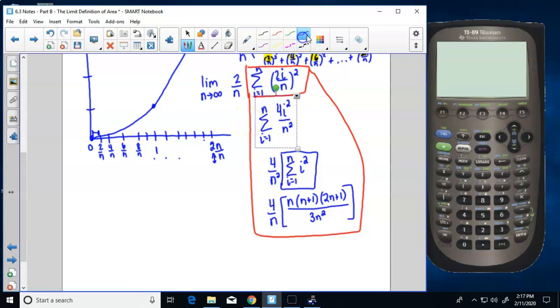Alright, so what we can find now, I'm going to go up here, is the limit as n approaches infinity of 2 over n times 4 over n times n plus 1 times 2n plus 1 all over 3n squared.